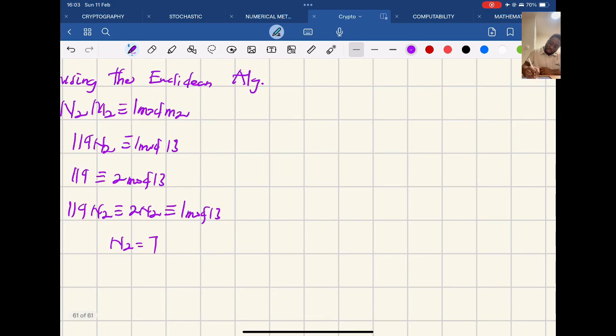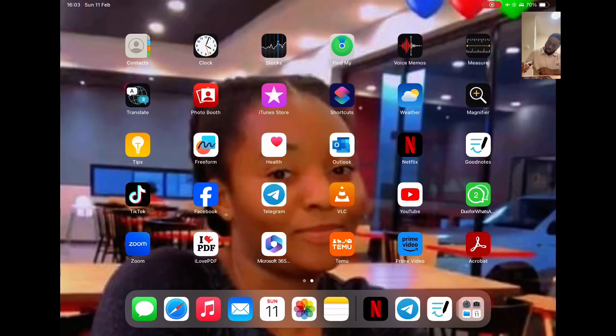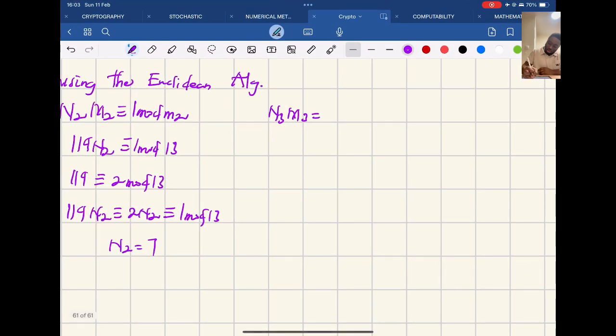And now let's find n3. So n3 times big M3 is congruent to 1 mod small m3. Now big M3 is 91, so 91 n3 is congruent to 1 mod small m3, which is 17.